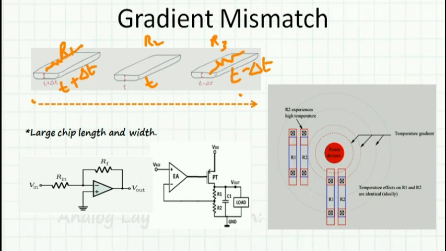So this leads to a gradient mismatch. If I want a resistor ratio, then obviously the gain will change because of the gradient.